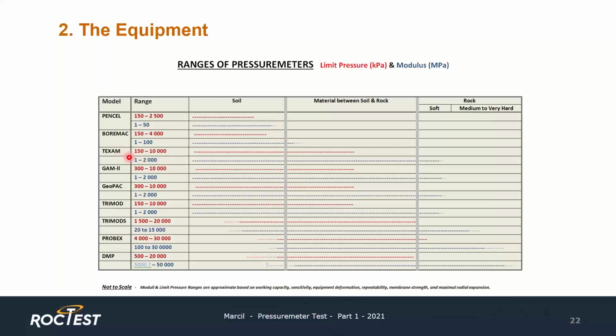The TEXSAN pressure meter can be used in almost all types of soils, but also it can be used even in soft rock, where it can measure modulus, in blue here. But it cannot be used in soft rock for measuring strength parameters, because the maximum working capacity of this equipment is 10,000 kPa, which is not enough for yielding the rock.